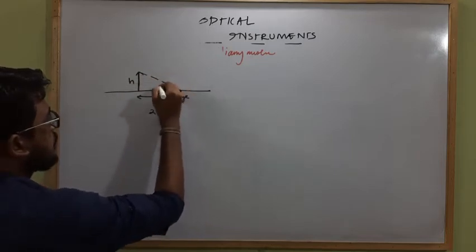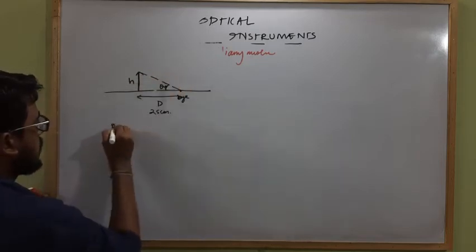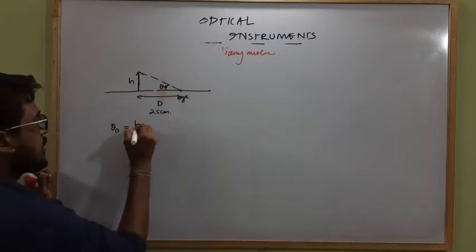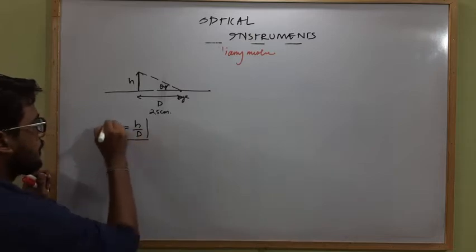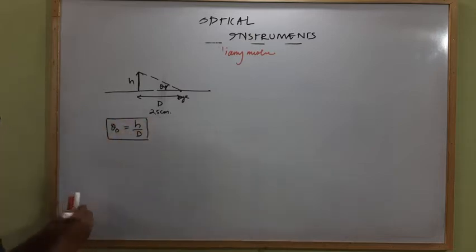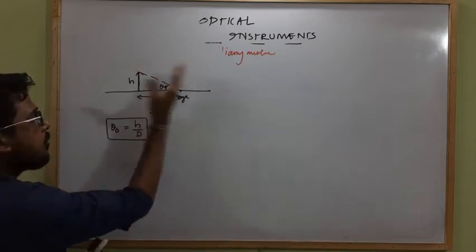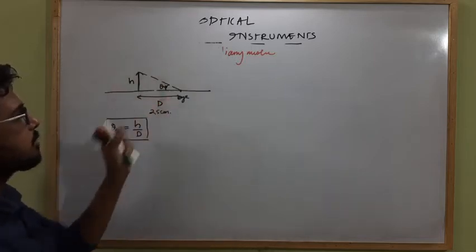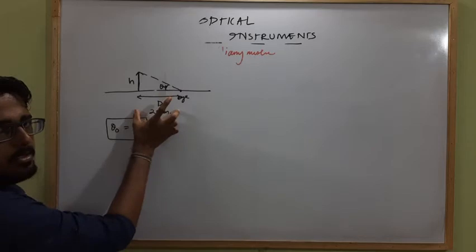This is the angle of view, theta naught. So what is theta naught? The normal angle of view for a naked eye is h by d. Clear? We can magnify this image by moving it closer to the eye, down to the least distance of distinct vision.